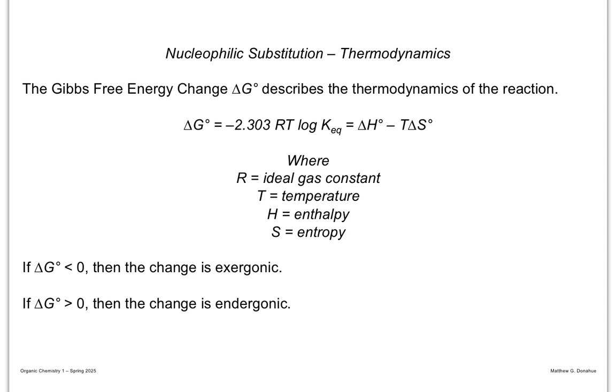So I've stated this a couple times before. This is not a math class. We're not doing advanced mathematics here, but I'm showing you these equations so we can understand a little bit about how these signs end up plus or minus when we determine the thermodynamics.